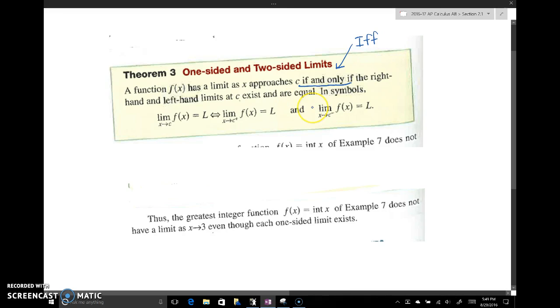So if we read this backwards, if the limit of a function exists, then its left-hand and right-handed limits will exist and be the same. So that's the opposite of what it said here. Read forwards, we have the right-hand and left-handed limits exist and are equal, and that means that the limit itself exists. Backwards, if the limit exists, then the left and right-handed limits exist and are equal.